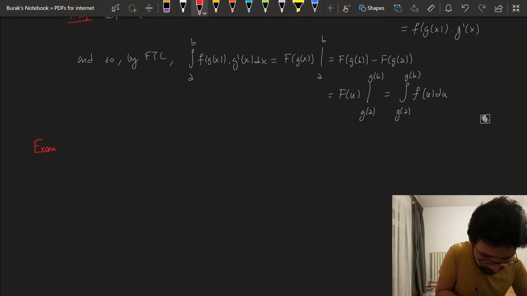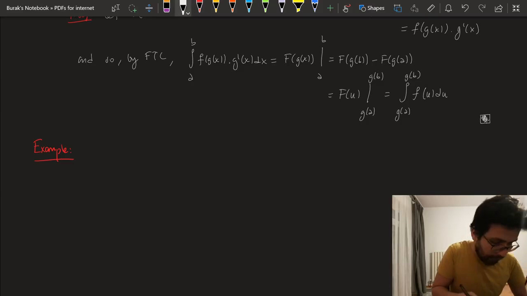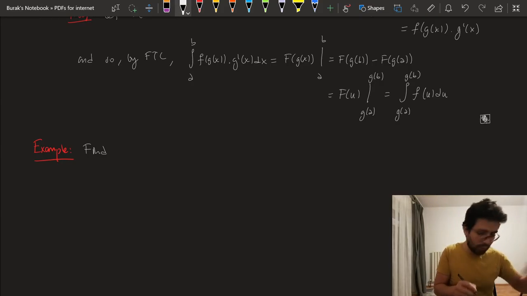Example. Find this definite integral. Let's solve this one.